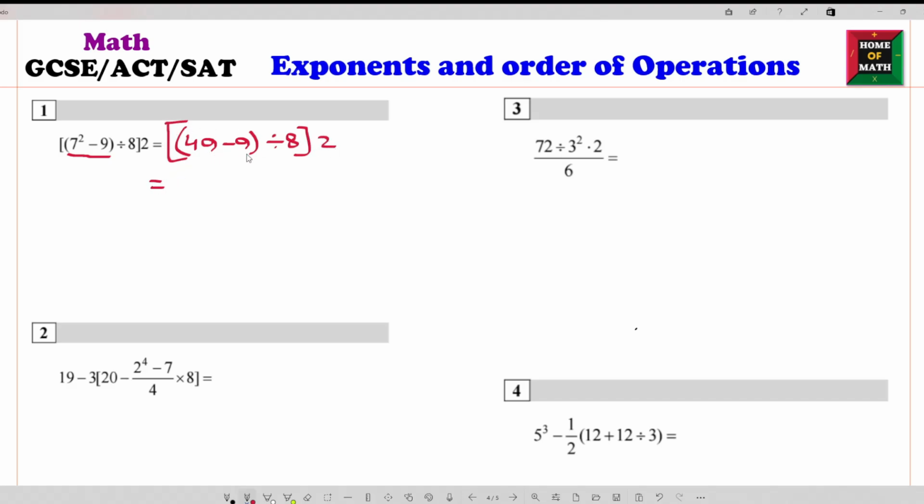So 49 minus 9 means 40, divide 8, close bracket, times 2. 40 divide 8 means 5, then times 2, the answer is 10. Okay, just step by step, no need for any hurry.